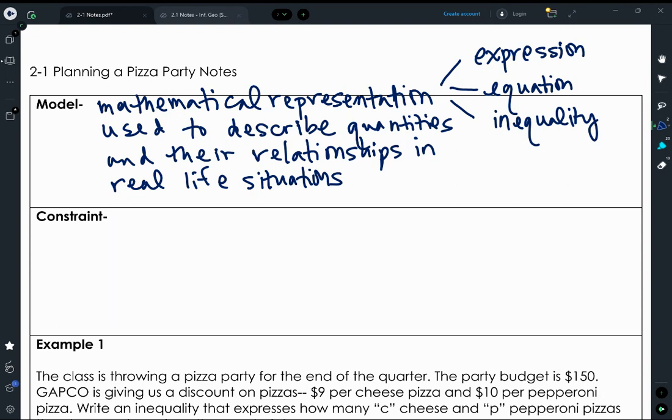So these again are mathematical representations that are used to describe quantities and their relationships in real life situations.